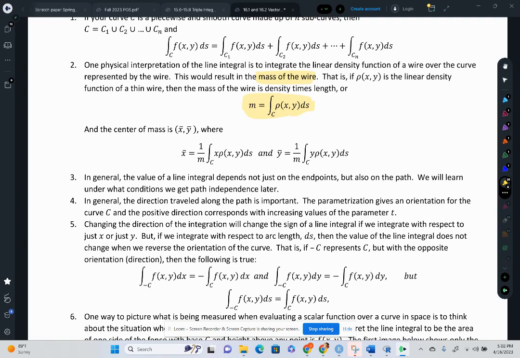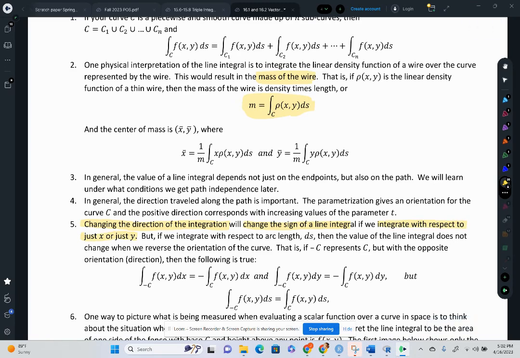Note 5, changing the direction of the integration will change the sign of a line integral if we integrate with respect to just x or y.